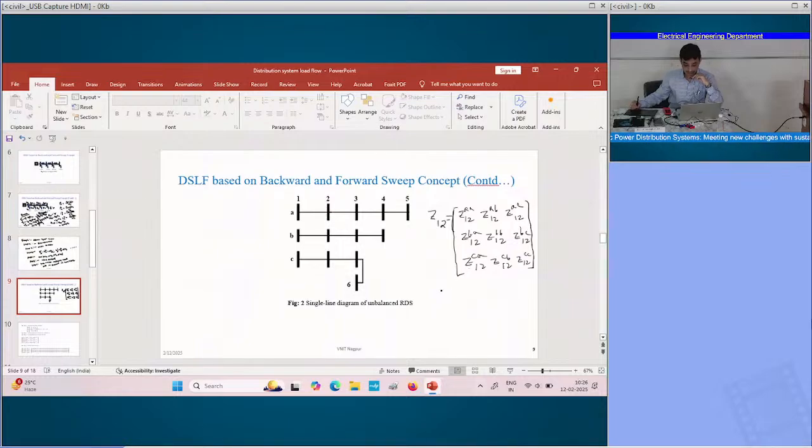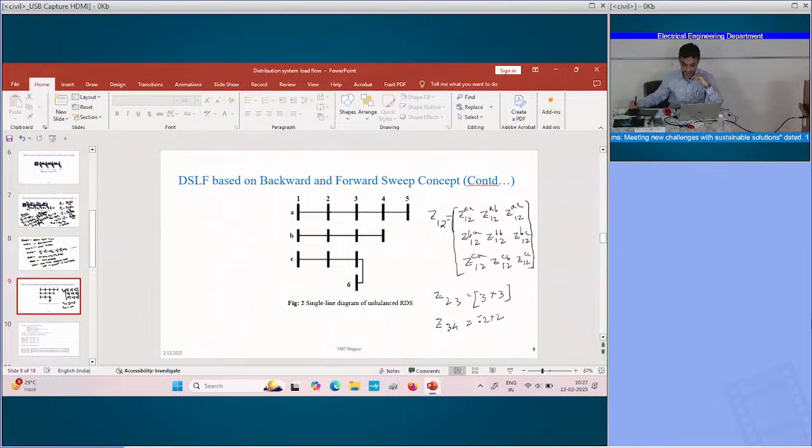And now if we calculate Z23, what will its size be? Again it is a 3 cross 3 matrix. But if we go for the calculation of Z34, at that time its size will be different because we have only two lines over there. So this matrix size will be 2 cross 2.